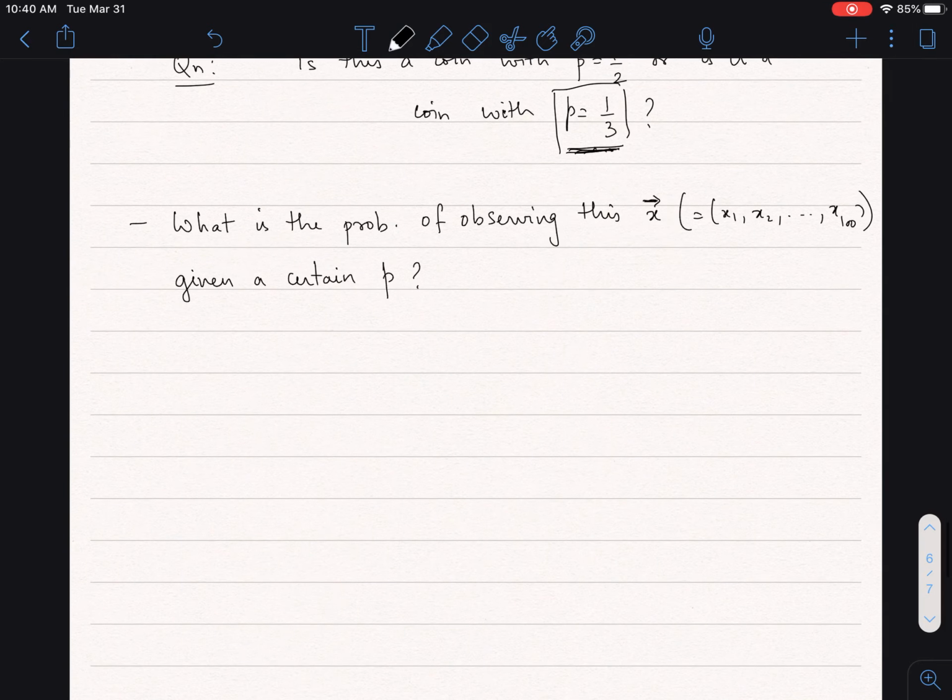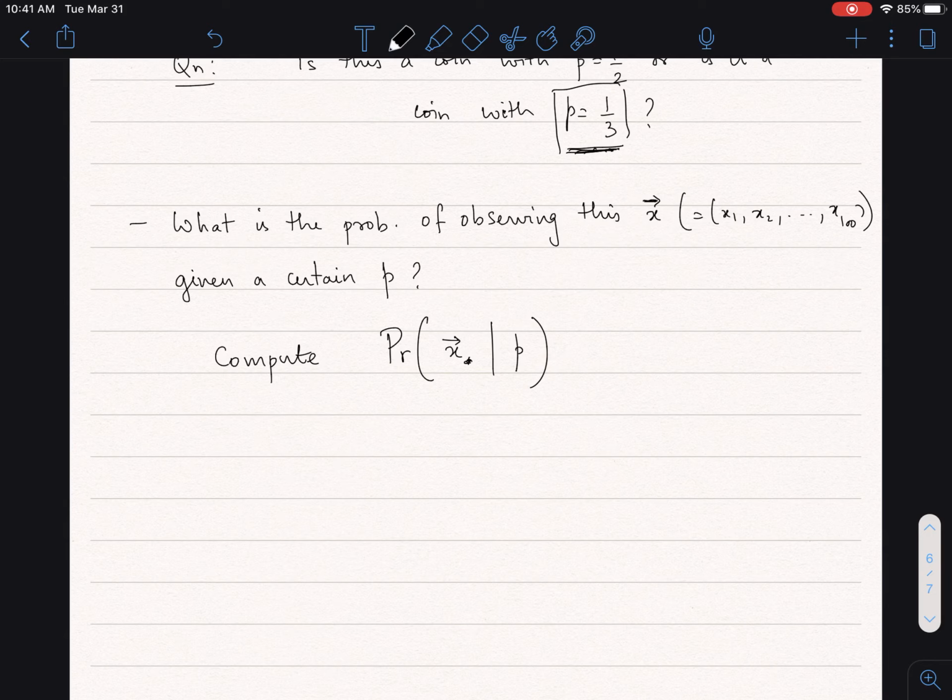So let's do that exactly. Formally, let's compute the probability of observing this sequence conditioned on p.